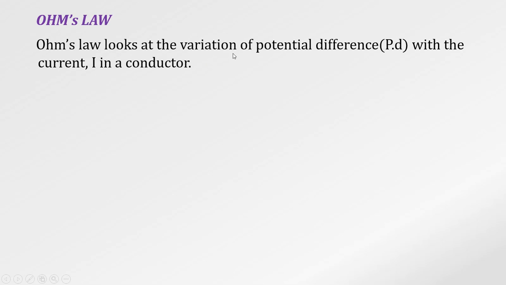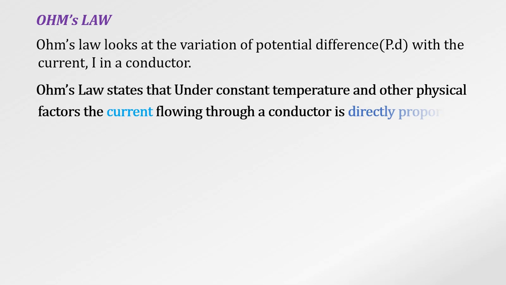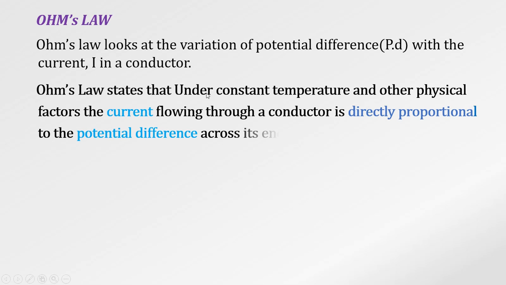Ohm's law looks at the relationship between potential difference, PD, and current in a conductor. And what does it state? Ohm's law states that under constant temperature and other physical factors, the current flowing through a conductor is directly proportional to the potential difference across its ends.